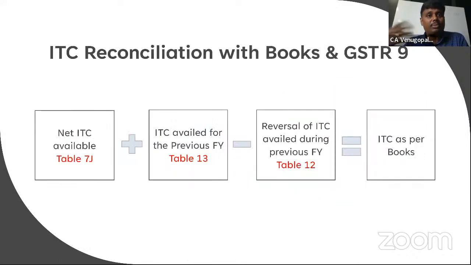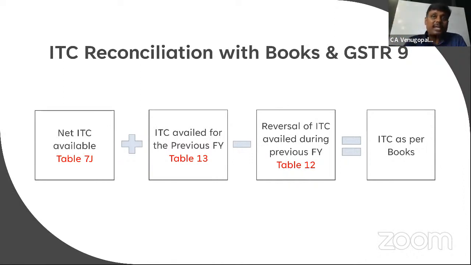Same thing you can do in the books also. Something you would have purchased but availed in this current year, balance which you have availed in the next year, so you cannot report it in your table 6 because you have not availed. So you're carrying forward, the carried forward value is reported in table 13. It could so happen that something of the previous year has been used, or you have found that it is ineligible and you have reversed it in the subsequent periods.